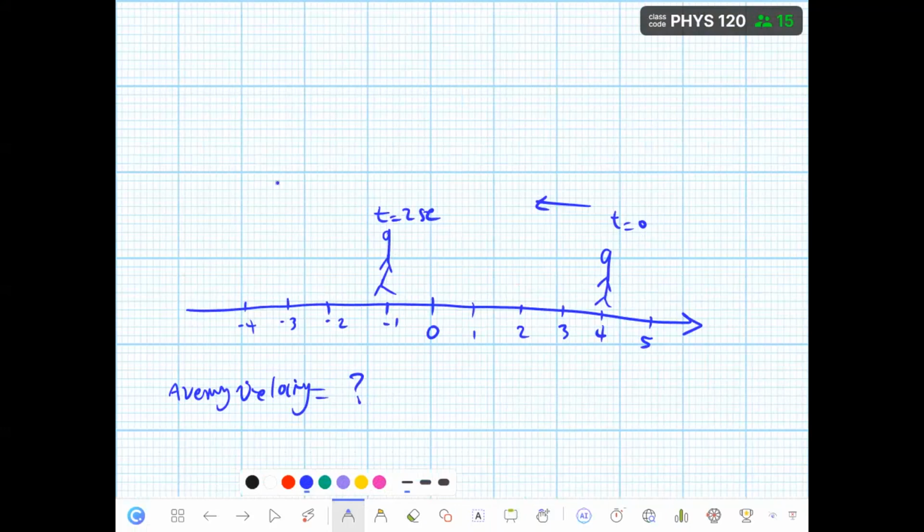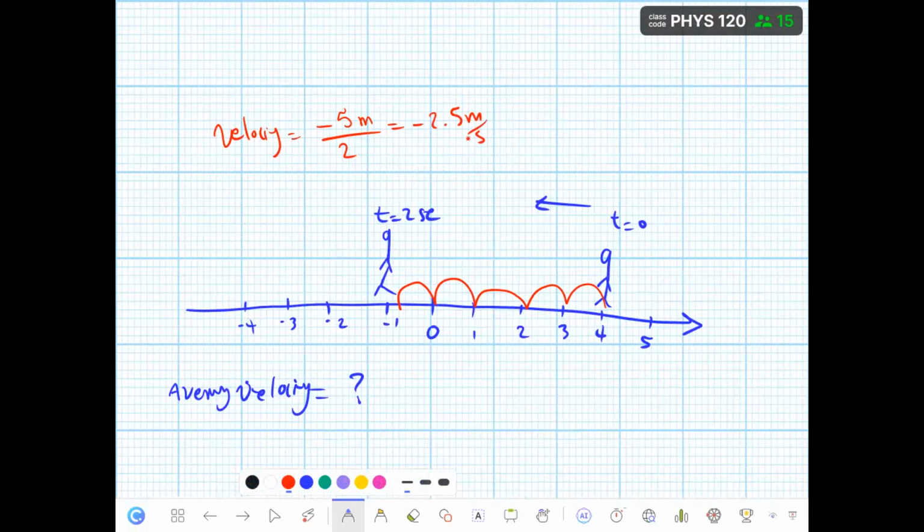So if I calculate the velocity, it is displacement: 1, 2, 3, 4, 5. How many meters? -5 meters divided by 2 is going to be -2.5 meters per second.